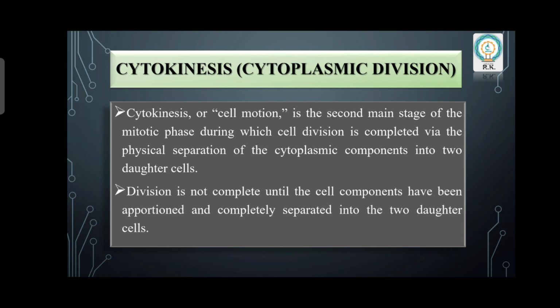Division is not complete until the cell components have been apportioned and completely separated into two daughter cells, which will happen only and only after cytokinesis, which is after cytoplasmic division.